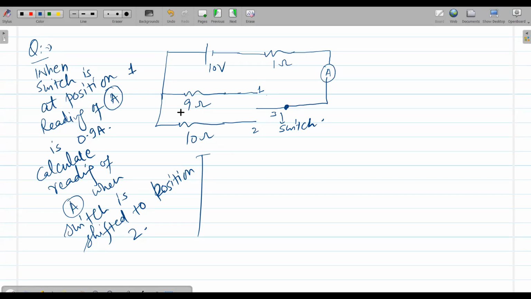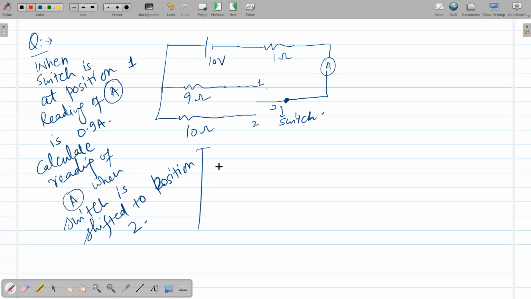Getting any idea? No issue if you are not getting an idea.